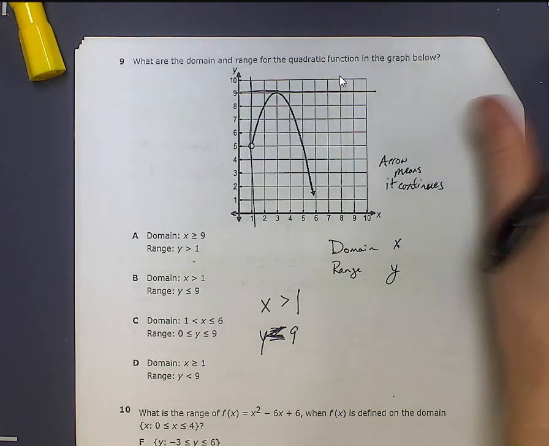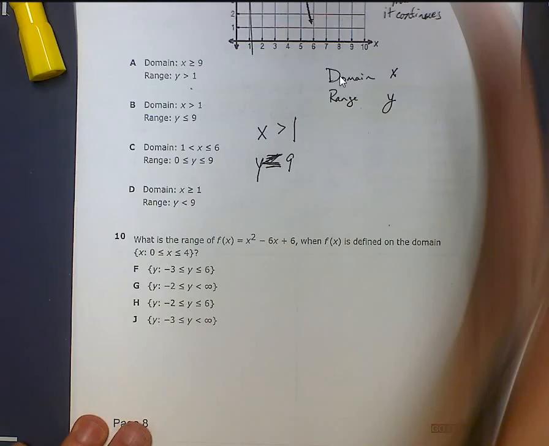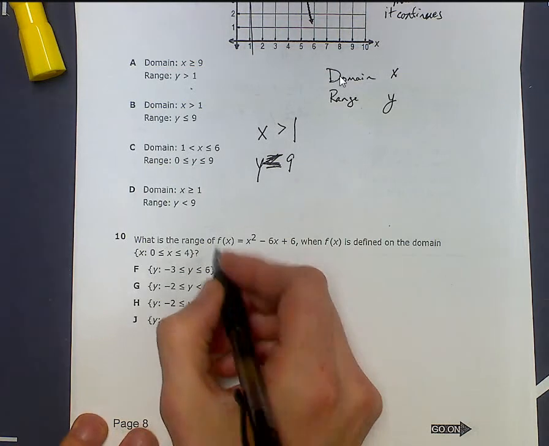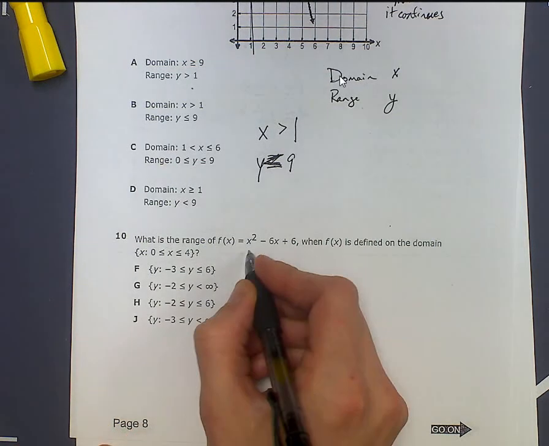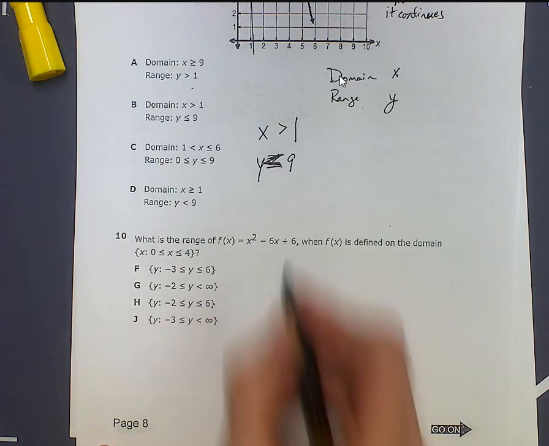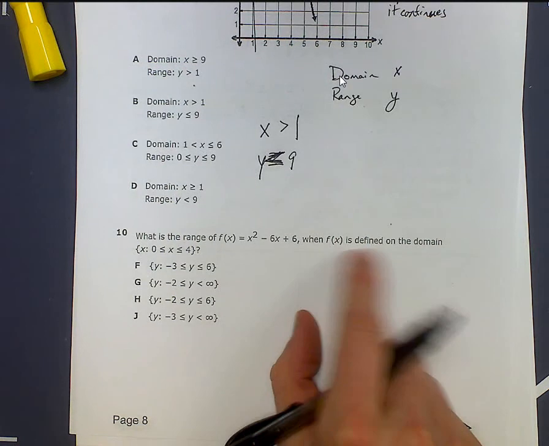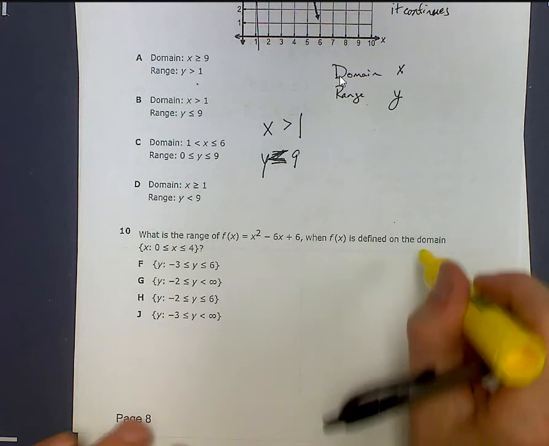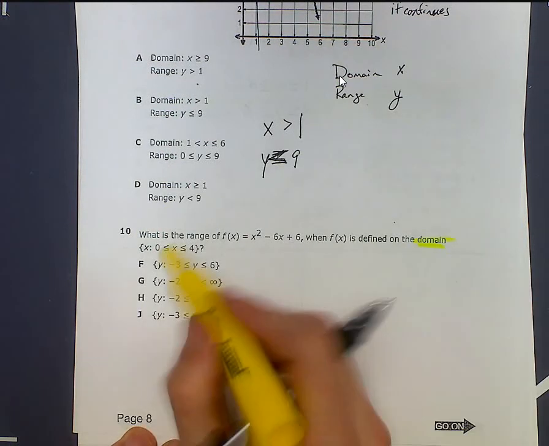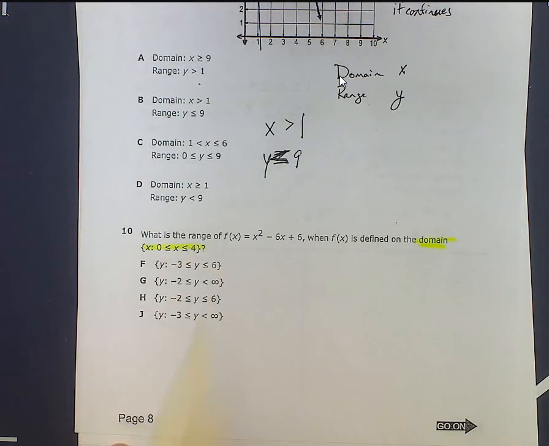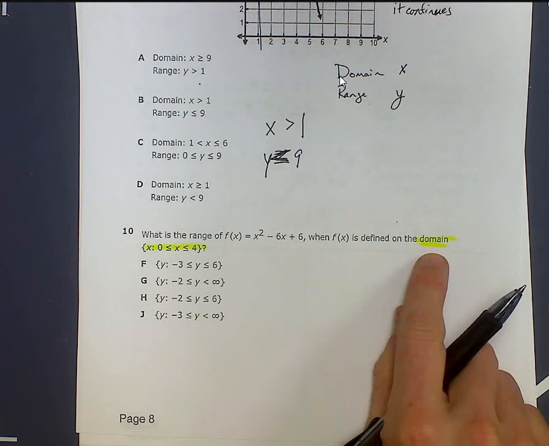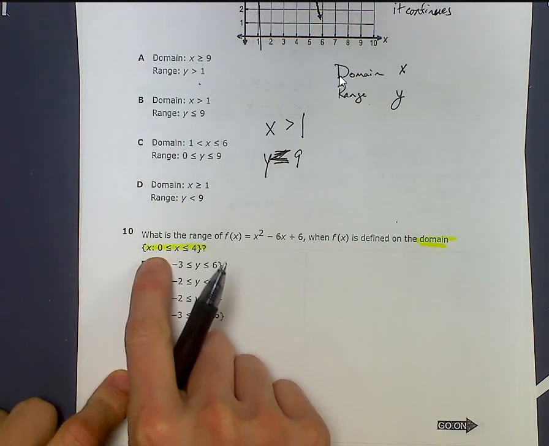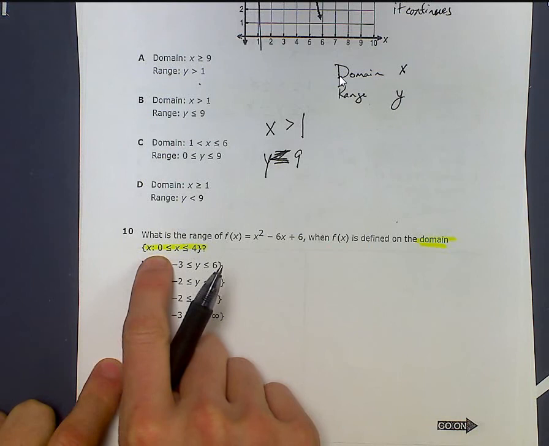Lastly, the last question says, what is the range of f of x equals x squared minus 6x plus 6 when f of x is defined by the domain? This is important, so highlight that. The domain is this. Well, all this means is that my domain is my x's, so I can plug in 0 for my x.